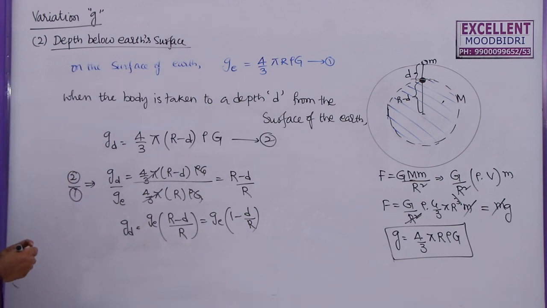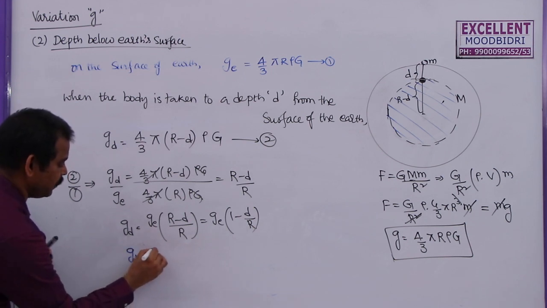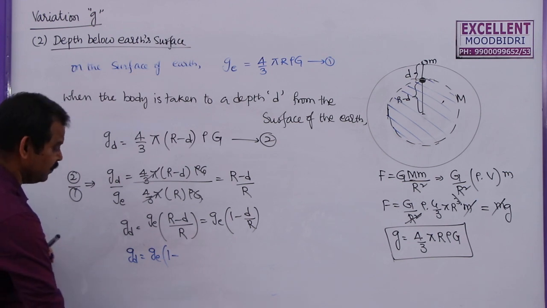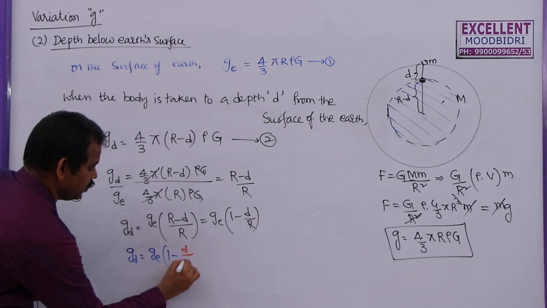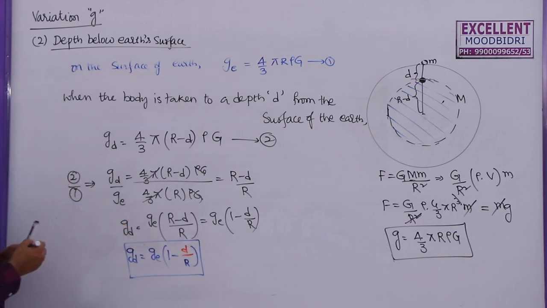So what is the acceleration due to gravity at the depth d from the surface of earth? g_d is given by g on the surface of earth into 1 minus d by R. This is the equation of acceleration due to gravity at a depth d from the surface of earth.